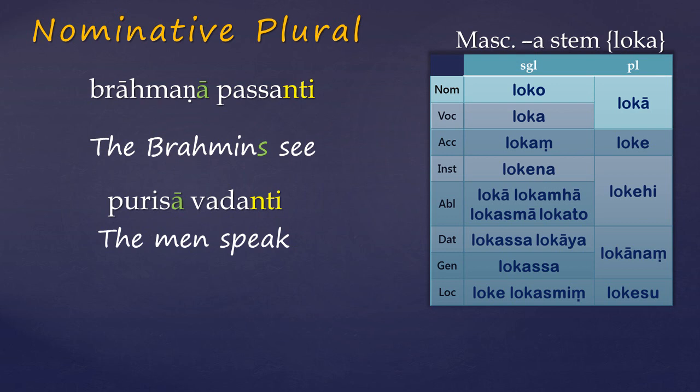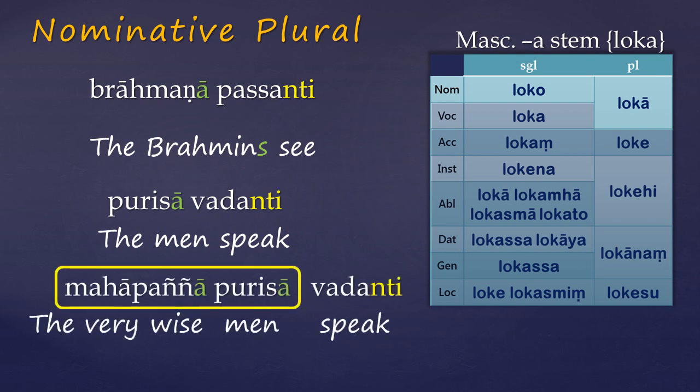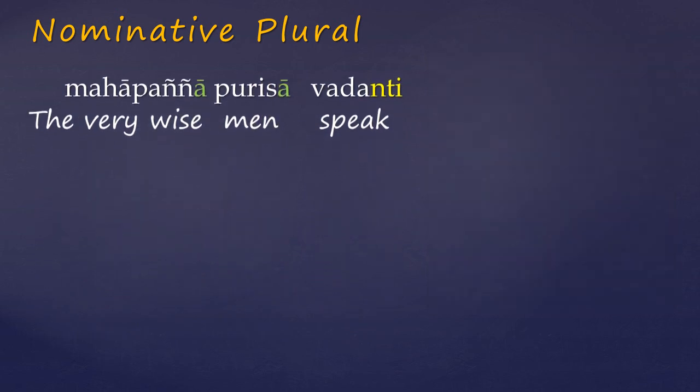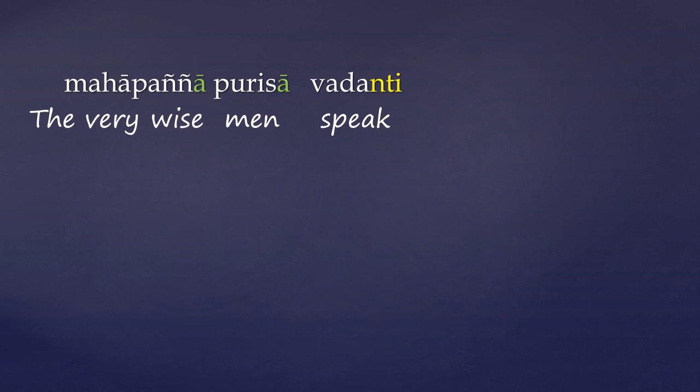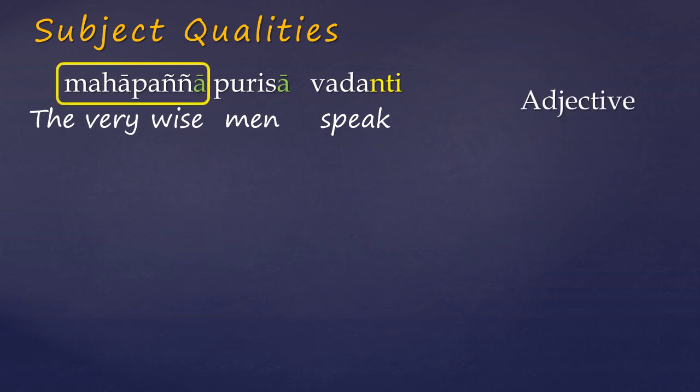And importantly, any attribute of the subject will also be in the plural, be it an adjective, a complement, or an apposition. Right, so now we can recap what these terms mean. We can add a quality to the subject noun in various ways. A very common way is with an adjective.